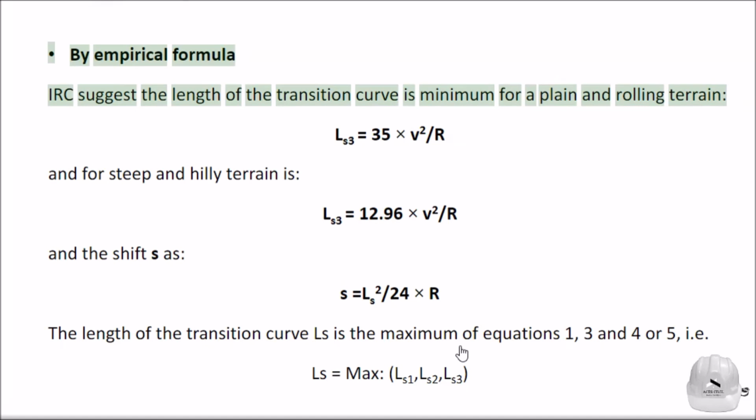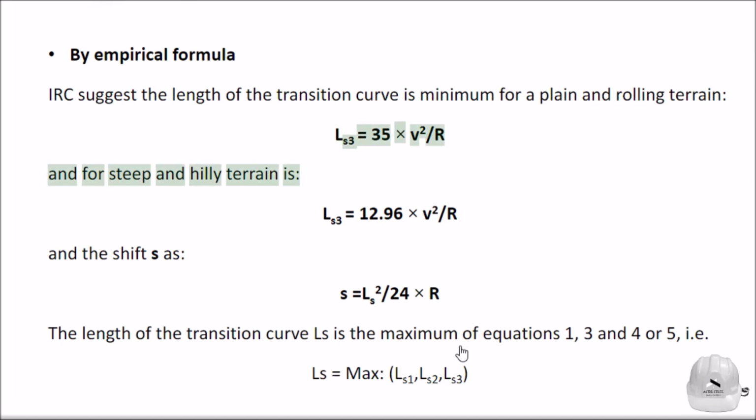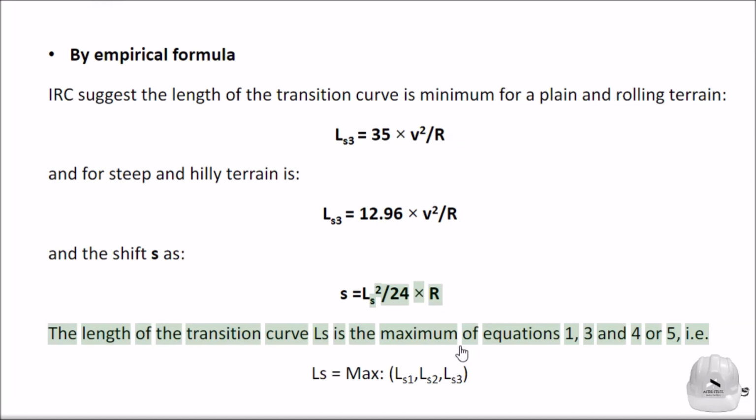By empirical formula IRC suggests the length of the transition curve is minimum for a plane and rolling terrain, L_S3 equals 35 times V²/R, and for steep and hilly terrain is L_S3 equals 12.96 times V²/R, and the shift S equals L_S²/24R.